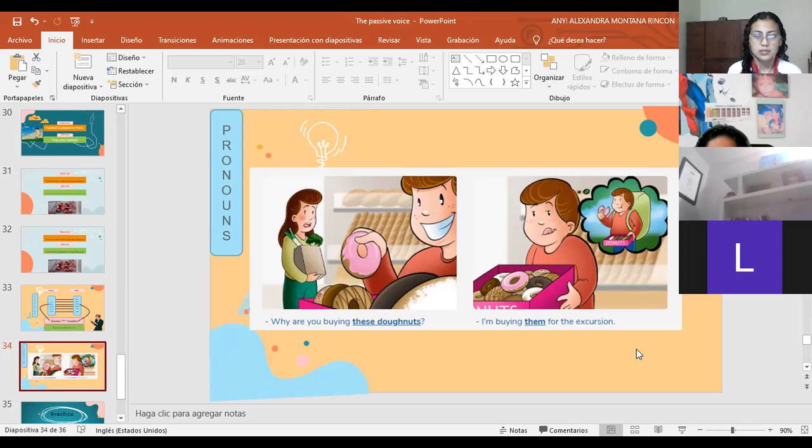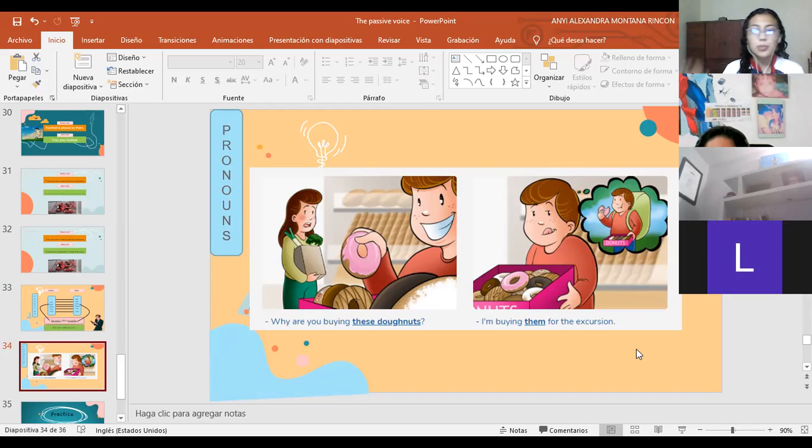Muy bien, aquí es donde vamos a utilizar esos pronombres objeto para evitar la repetición. Why are you buying these donuts? Para no decir otra vez these donuts, I'm buying these donuts for the excursion.